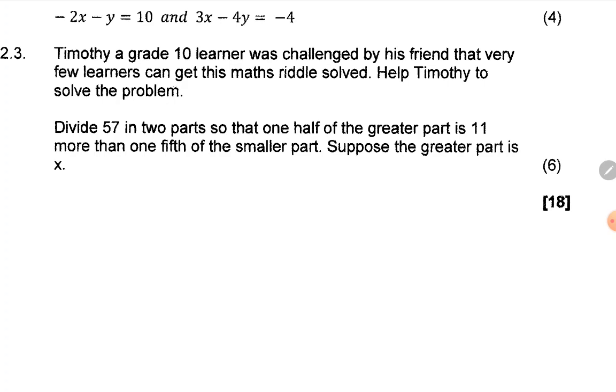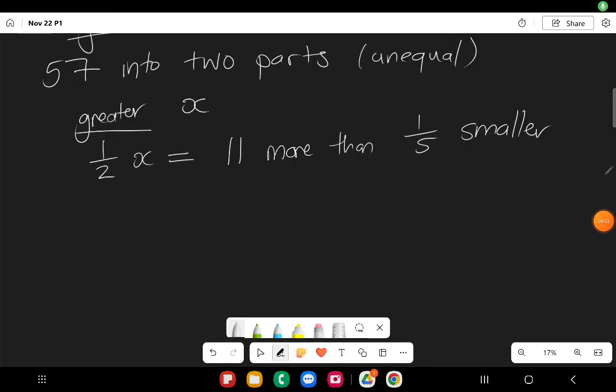All right, so I've attempted to translate the English into math, and what I've got is 57 divided into two parts. They are unequal parts. There's a greater part and a smaller part. The greater part is called x, and it says half of the greater part, which is x, must be equal to 11 more than 1/5 of the smaller part.